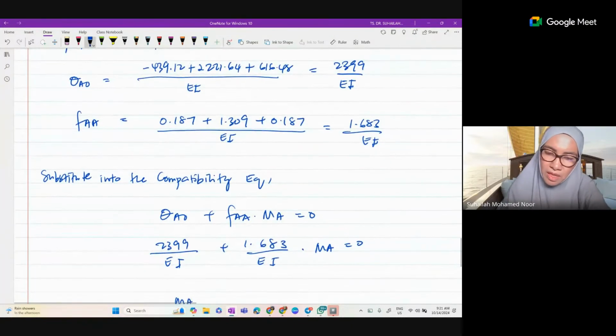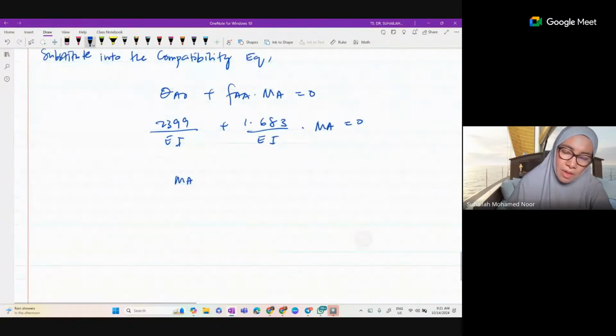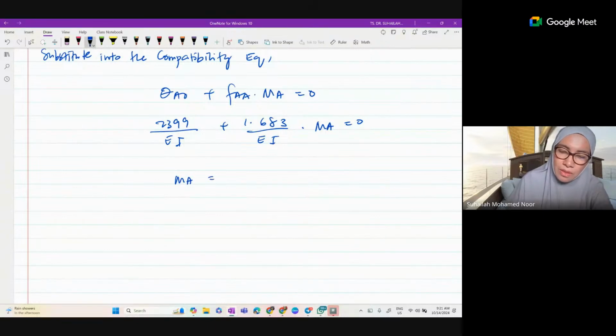So MA. Tadi 2399 positif ya? Positif eh? Okay, so we get MA equals to negative 2399 divided by 1.683. So we get negative moment. Ni moment capital eh. Okay, dapat apa moment at A?